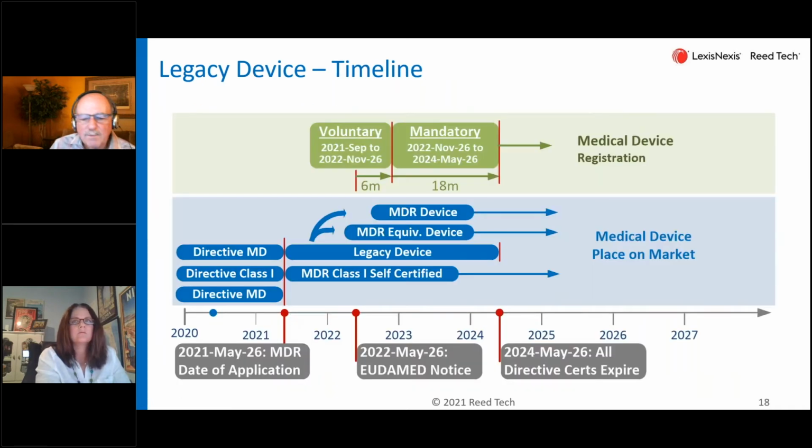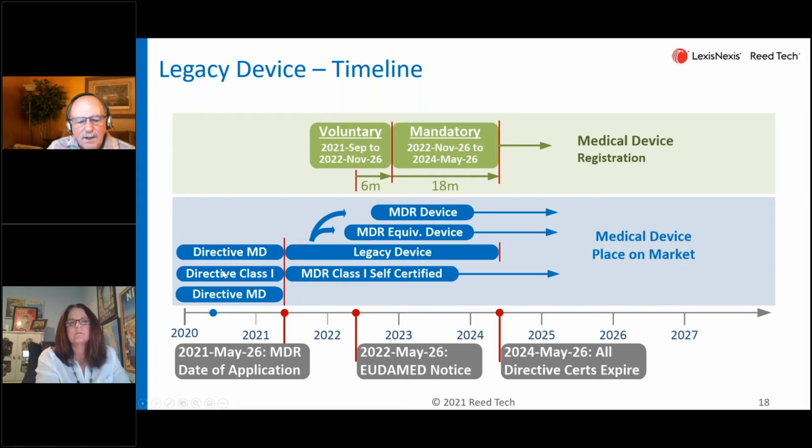So if we look at this on a timeline, this might be a little bit more interesting to see how we play this out. In the lower half of the screen, we see devices being placed on the market, and we'll talk about that first. So we have these directive medical devices that are discontinued as of the date of application.